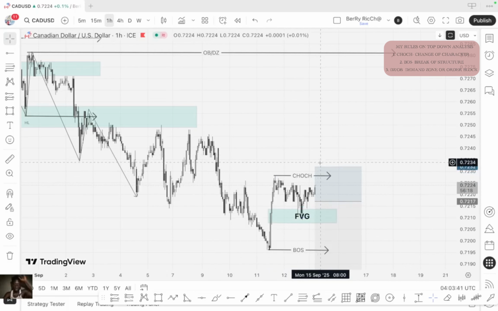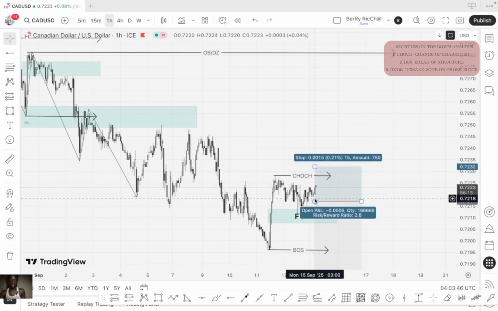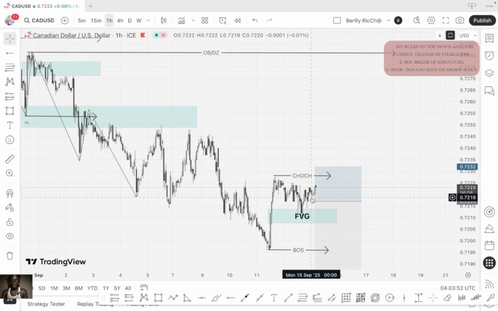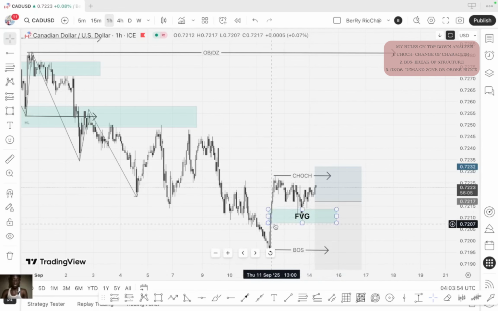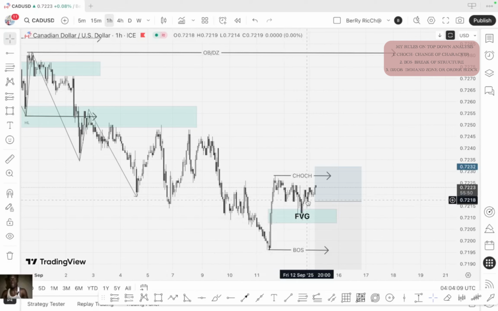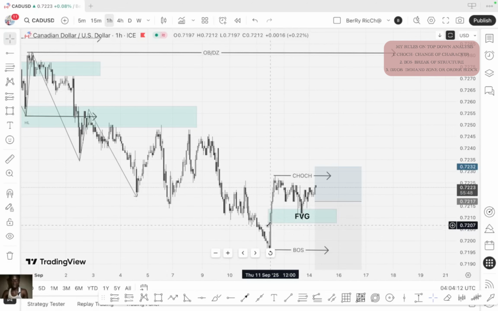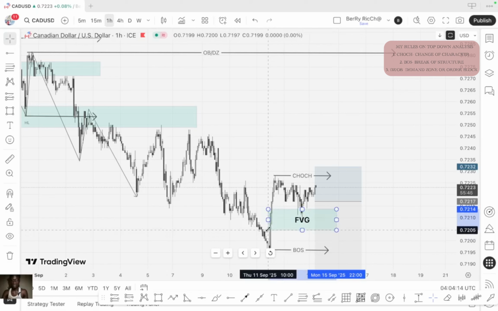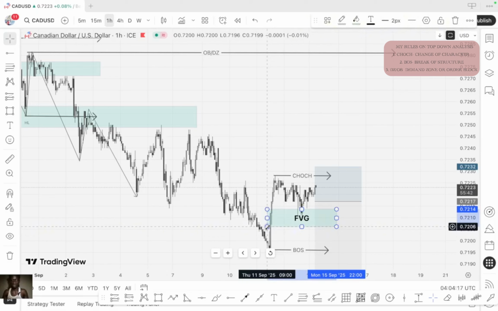I took the trade because the SMC gives a true confirmation: when the market has a fair value gap here and then pulls back into the fair value gap, it means you're supposed to take the trade.